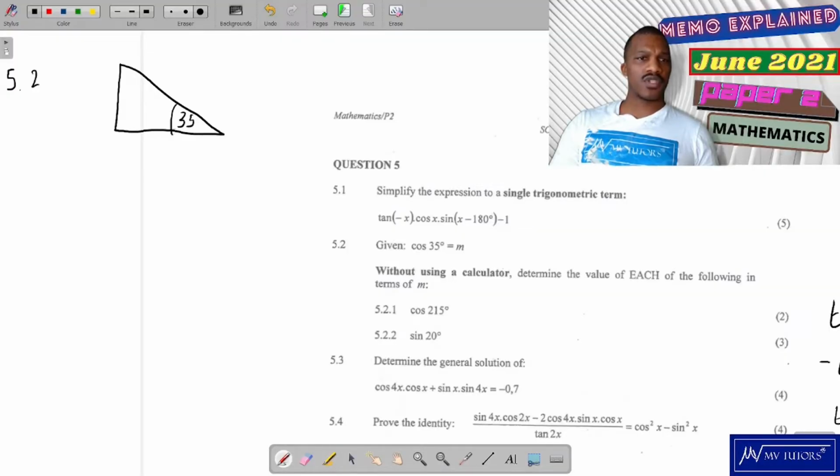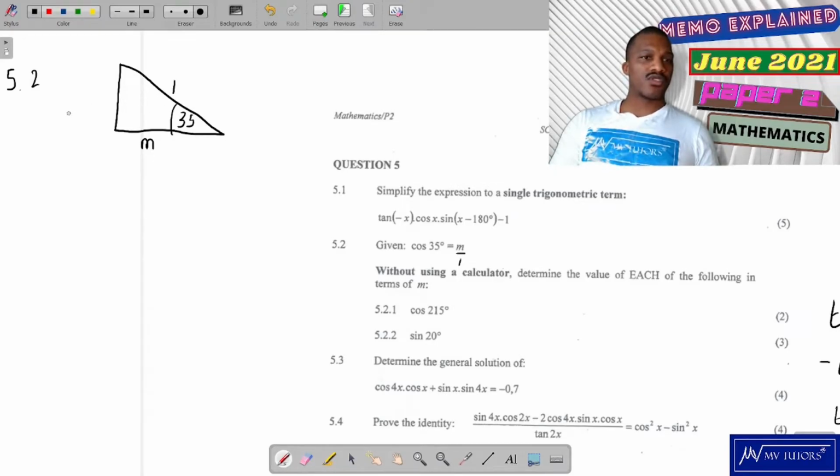And they have told us that cos of 35, so cos is adjacent over hypotenuse, so you must put that divided by 1, so that when you say cos is adjacent, it's equal to m, and then the hypotenuse is 1.